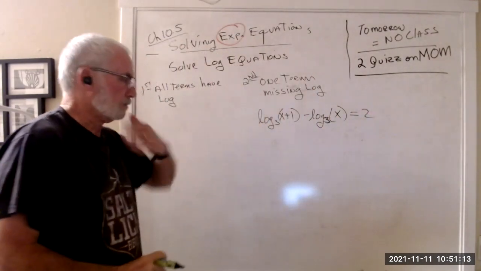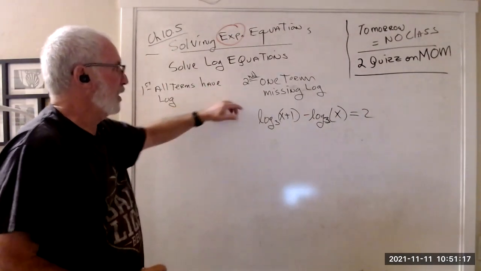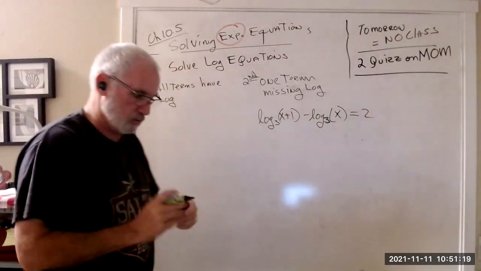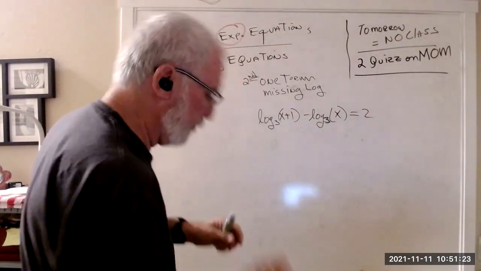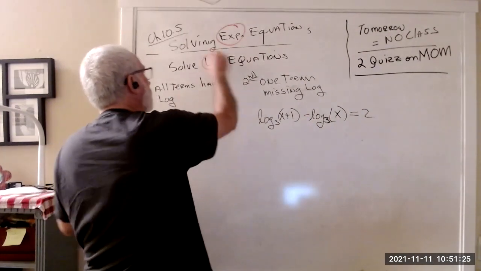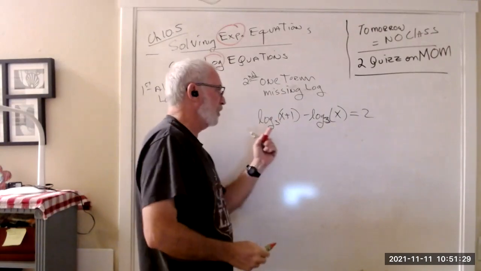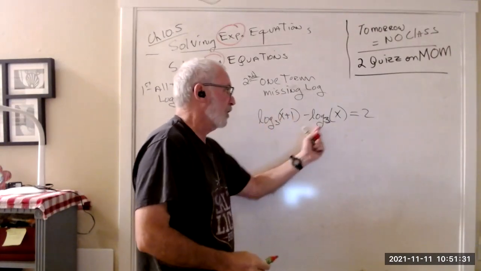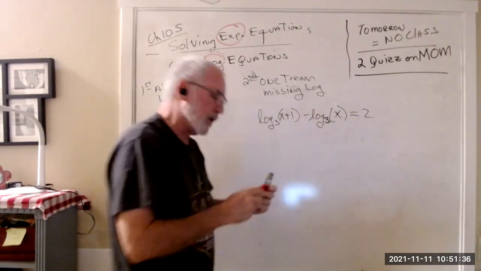This is a fine example of a log equation. But one of the terms is missing a log. This is a log, this is a log, this is not a log. So what are we going to do here?